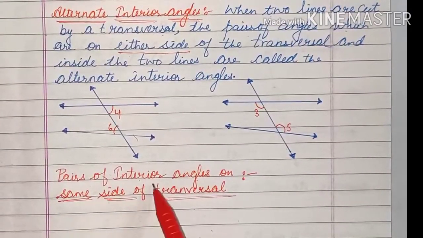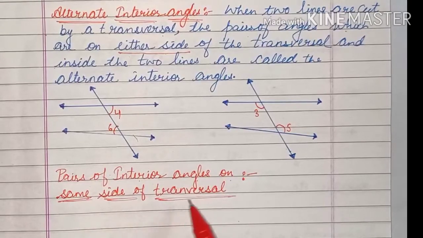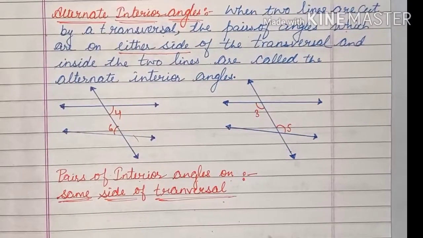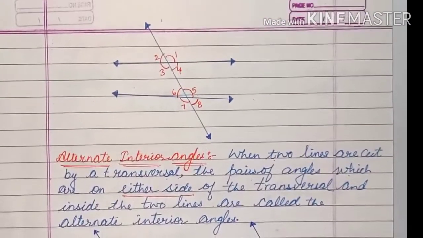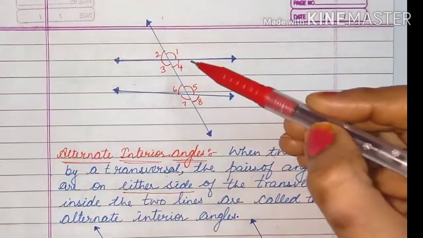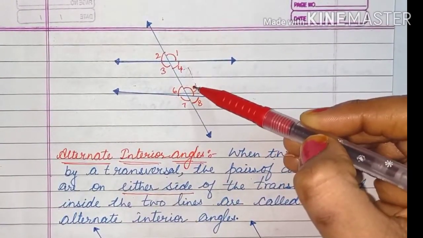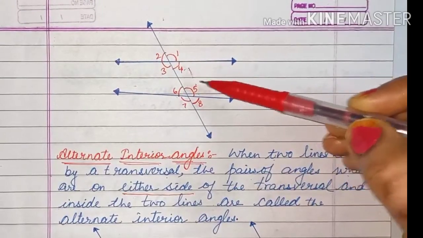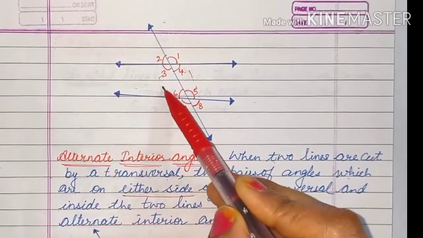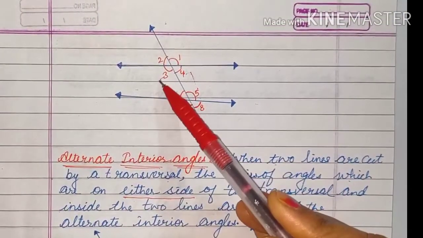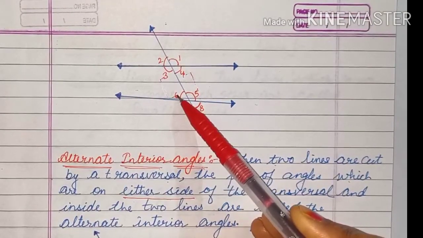Next is pairs of interior angles on the same side of the transversal. If we observe this figure again, angle 4 and 5 are interior angles and on the same side, similarly angle 3 and 6. These two are also interior angles and on the same side.